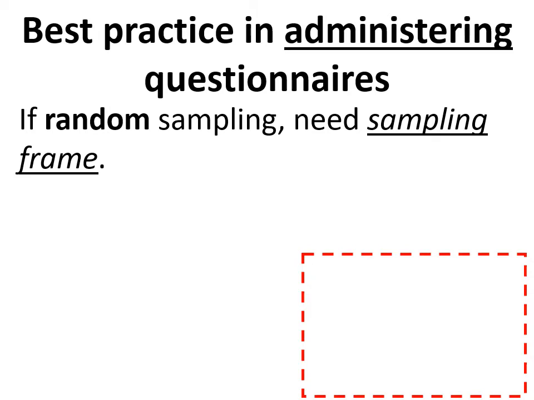So if you're going to engage in random sampling, you need some kind of sampling frame. Because that sampling frame, be it a list or a grid, or there's a couple of other ways to do them, provides you some notion of the probability that each element in the population can be selected.